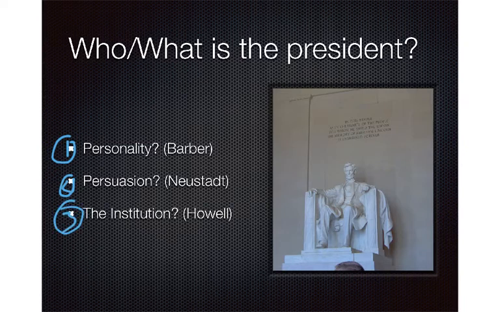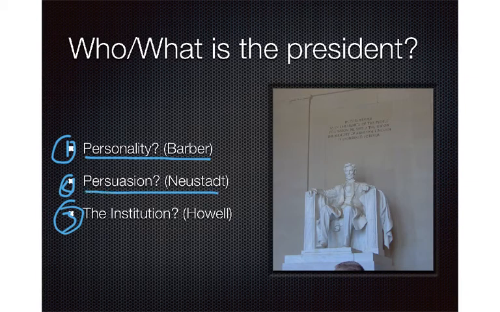The first view is understanding that presidents and presidential power come from personality. James Barber is going to be the individual who most pushes this. When he says, okay, if you want to understand presidents and presidential power, we need to look at individual presidential psychology. And it's the individual psychological makeup that determines how successful or not successful presidents will be.